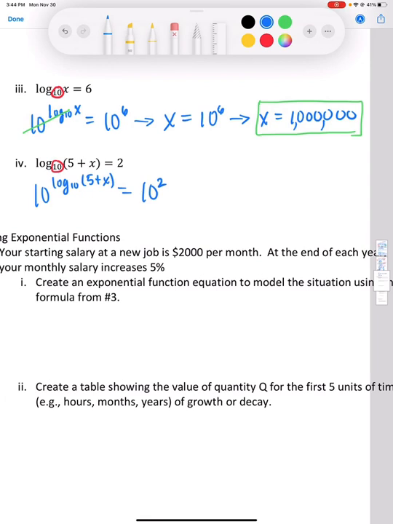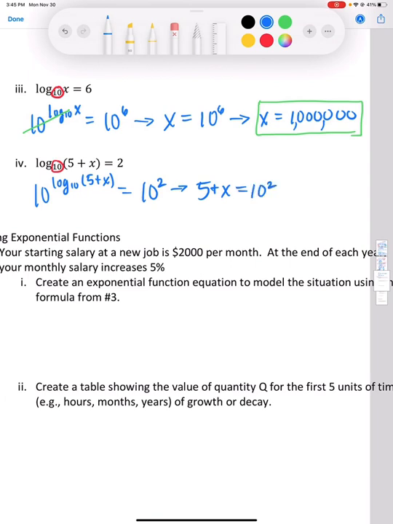Raising both sides to the 10th. Now when I do 10 to the log of 10, I just take whatever is in the parentheses there, 5 plus x, and put that down out of the exponent position, and the 10 to the log 10 will simplify to disappear because they're inverses of each other. And that's going to equal 10 squared.